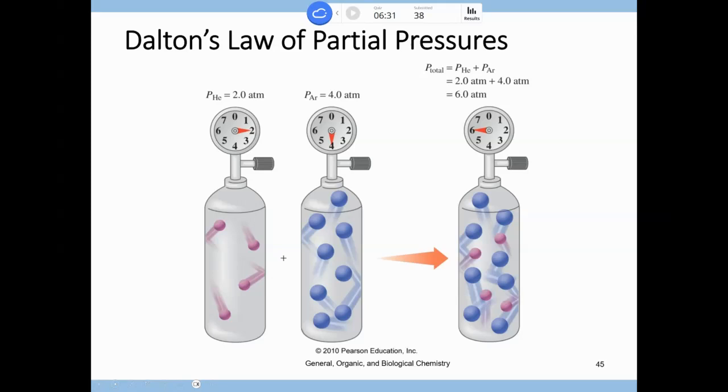Now, if you take the same amount of helium that contributes 2 atmospheres of pressure and the same amount of argon that contributes 4 atmospheres of pressure, at the same temperature and same total volume, then the total pressure of them together is the sum of these individual pressures. So 2 atm from helium, 4 atm from argon, a total of 6 atm when we combine the two.